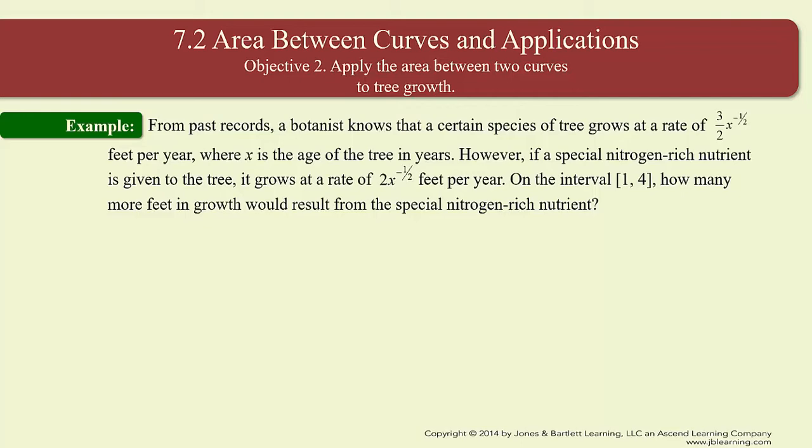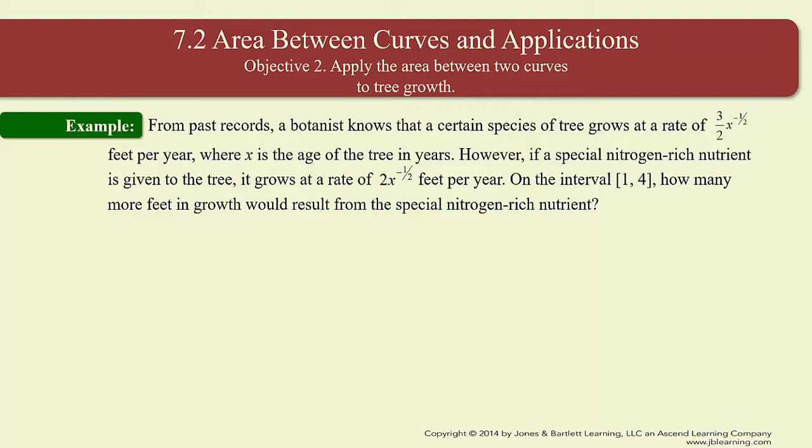X is the age of the tree in years. However, if a special nitrogen-rich nutrient is given to the tree, it grows at a rate of 2x to the -1/2 feet per year. So on the interval 1 to 4, how many more feet in growth would result from this special nitrogen-rich nutrient? So think about this.